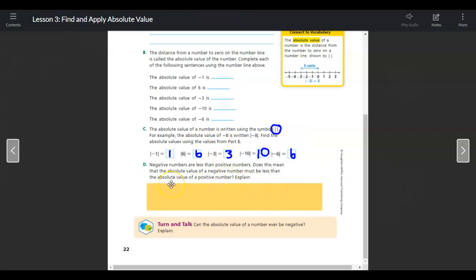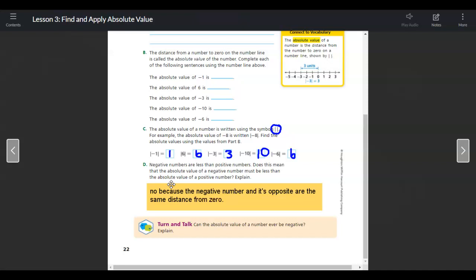The answer is no. Because the negative number and its opposite are the same distance from 0.